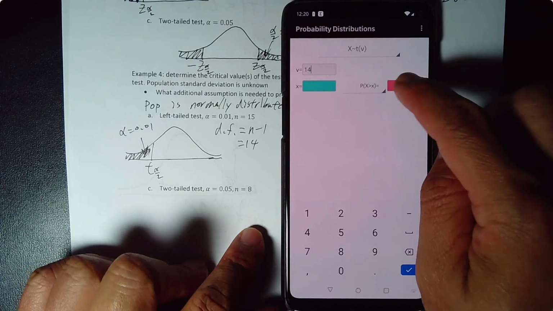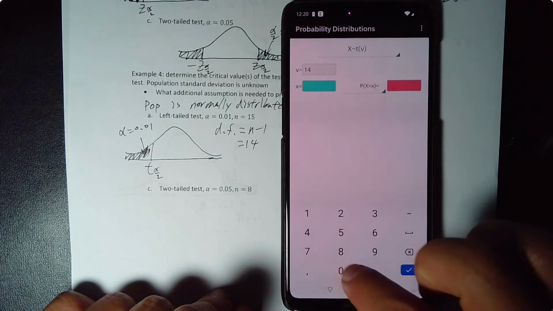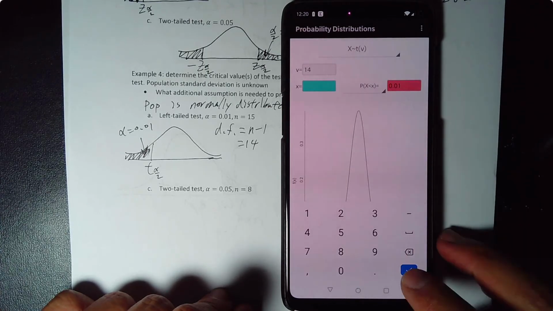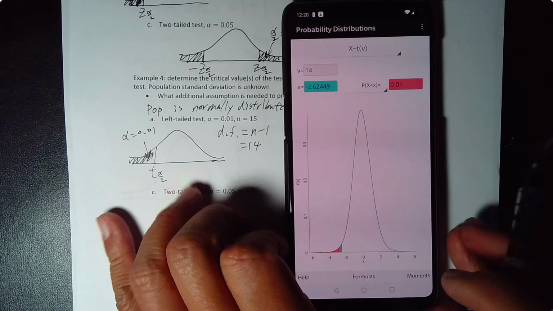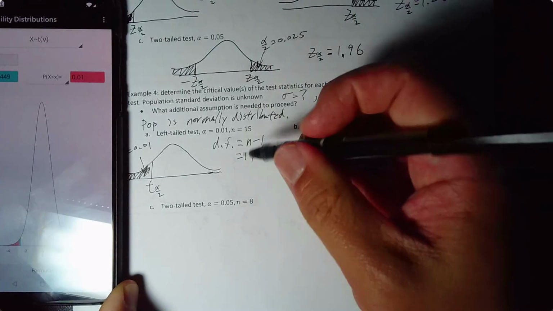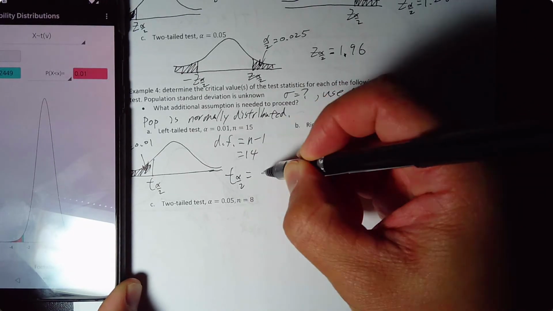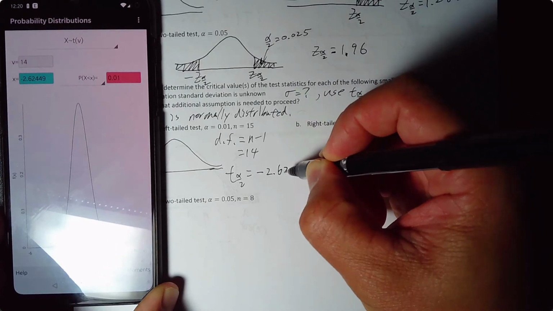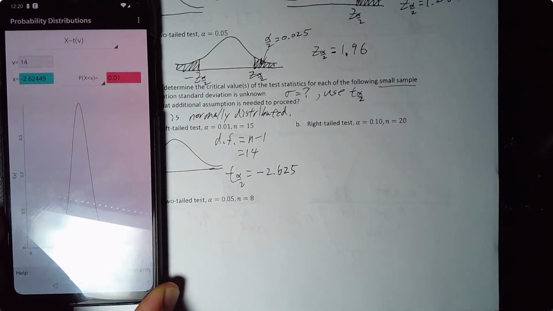And then here I'm going to put in my area, 0.01. But instead, I'm going to put it less than or equal. There you go. So that's my critical value. Okay, so my t critical value equals negative 2.625.